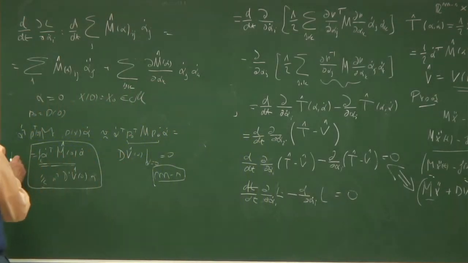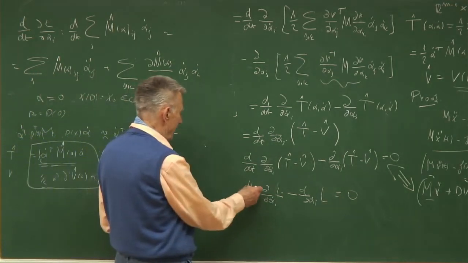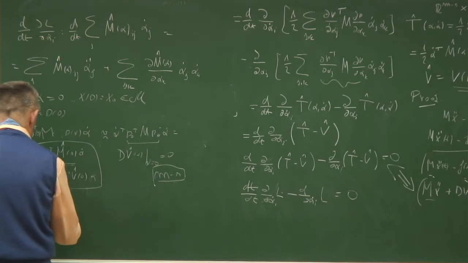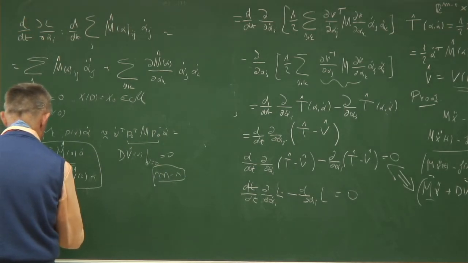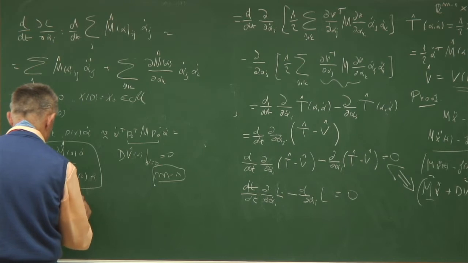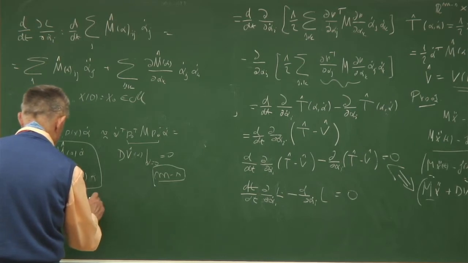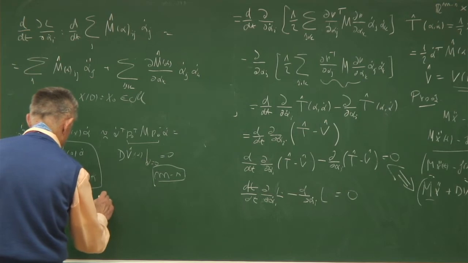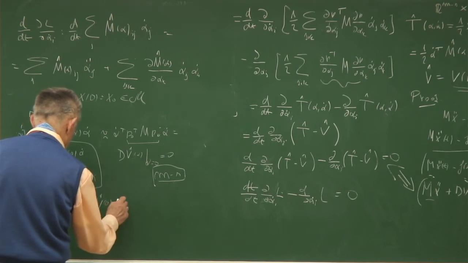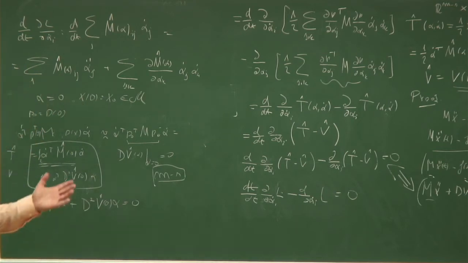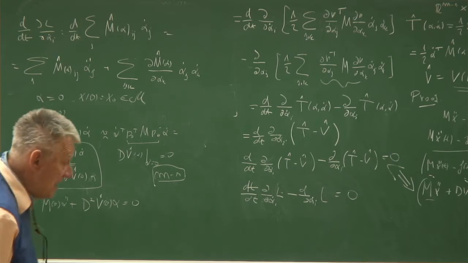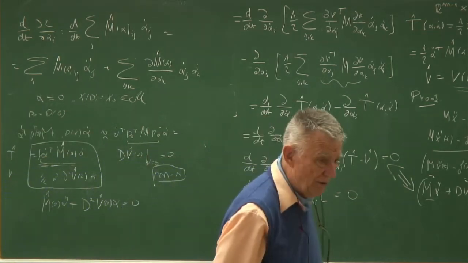Take this as the kinetic energy, this as the potential energy, and take these equations, you get equal to 0. So we get again small oscillations are linear, even in the movement on a manifold.